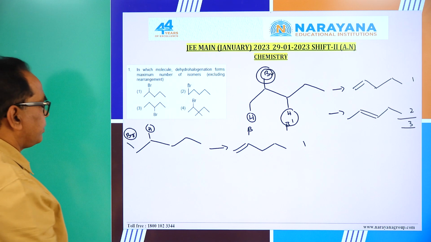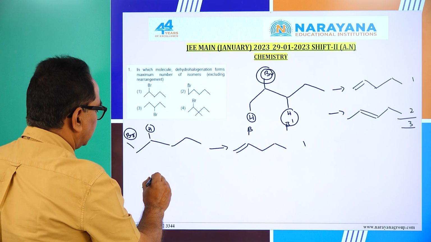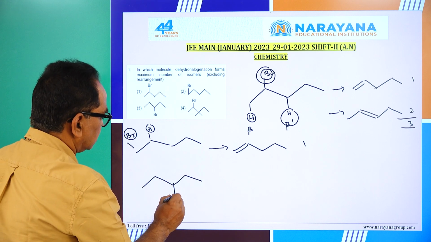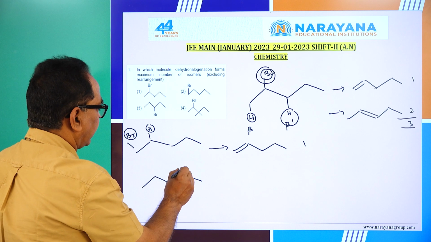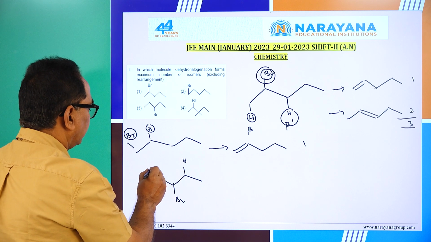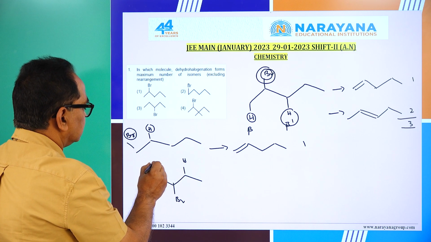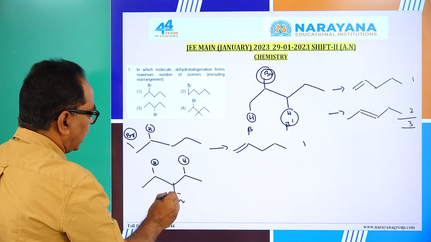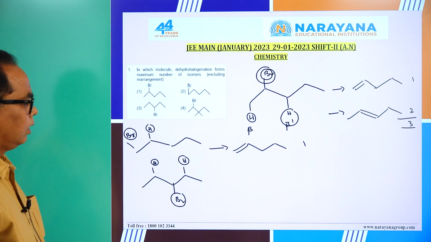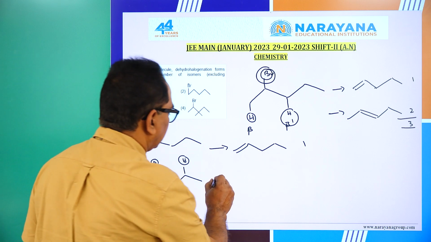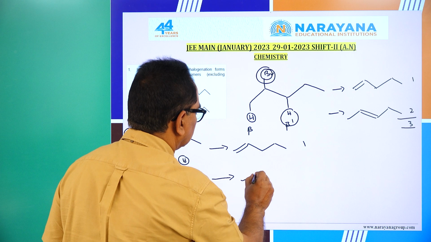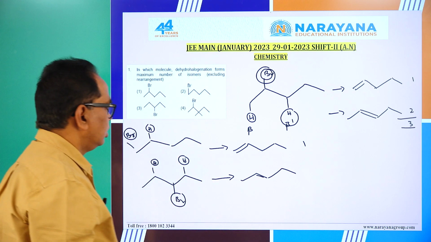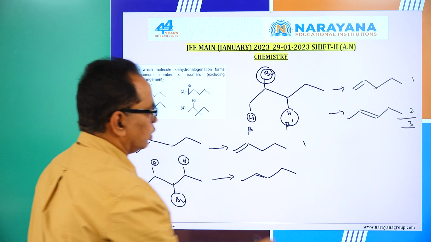For the third option there are two beta hydrogens, but both are identical. Whether this hydrogen or this hydrogen is removed along with the bromine, you will get the same alkene. So only one isomer is possible.